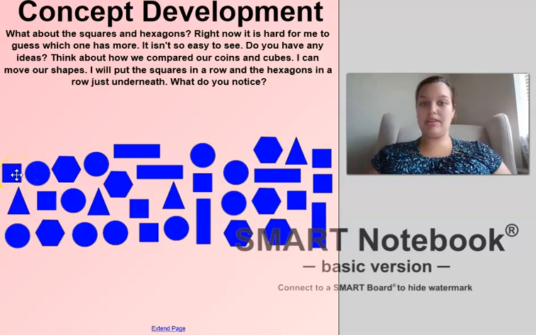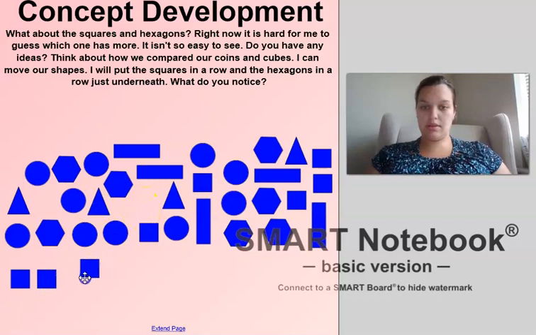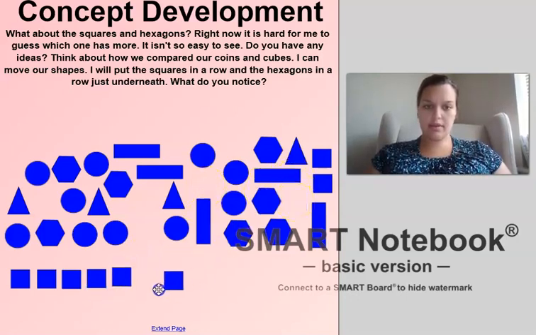So let's pull out our squares first. I'm going to put our squares on the top row. And you gotta make sure I grab all the squares. It's tricky. I'm so glad I have you guys to help me.